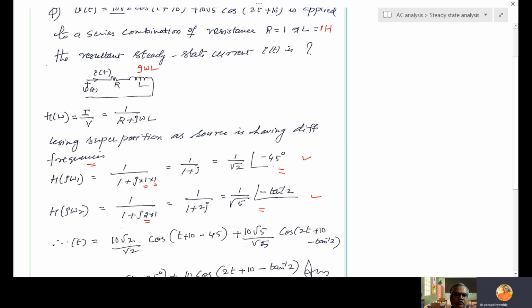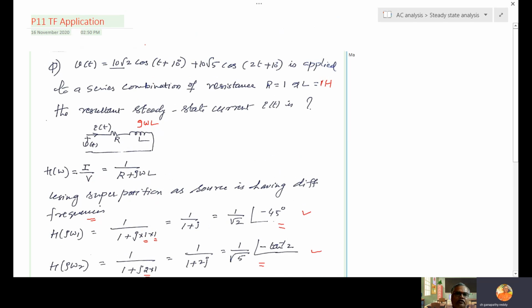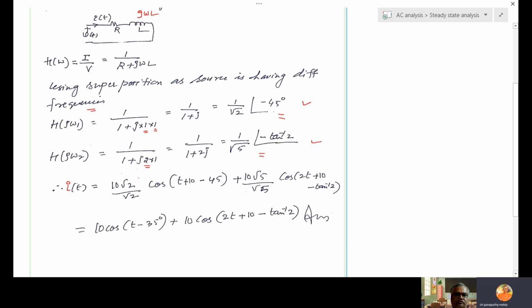What is the output now? Current. Therefore i of t is equal to, what is the input here? 10 root 2, no? So 10 root 2 multiplied with 1 by root 2 cos function, t plus 10 degrees minus 45.